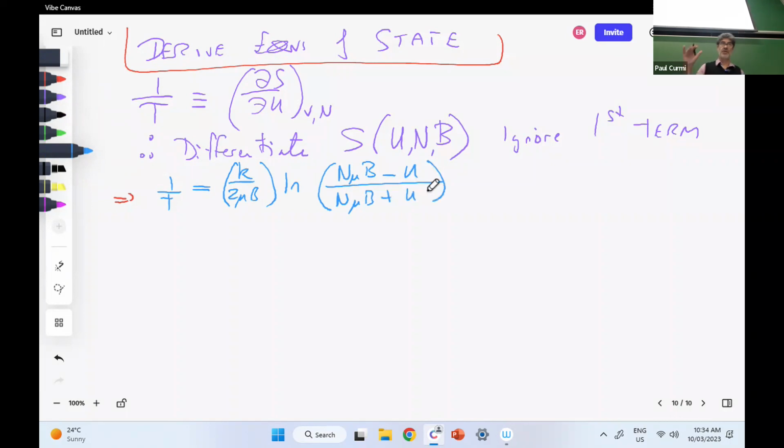So this is coming from those two terms, where one has plus energy and one has minus energy. If I rewrite that, I need to do some mathematics.